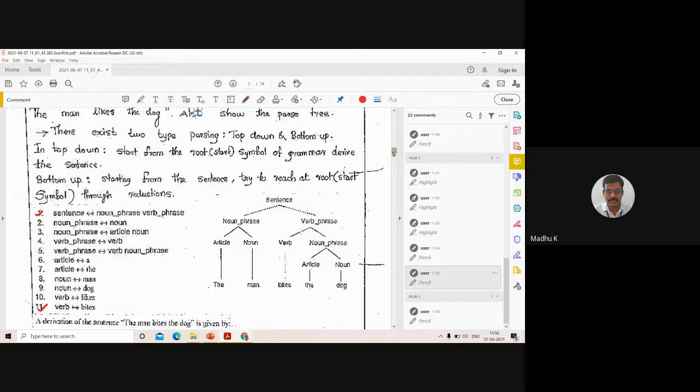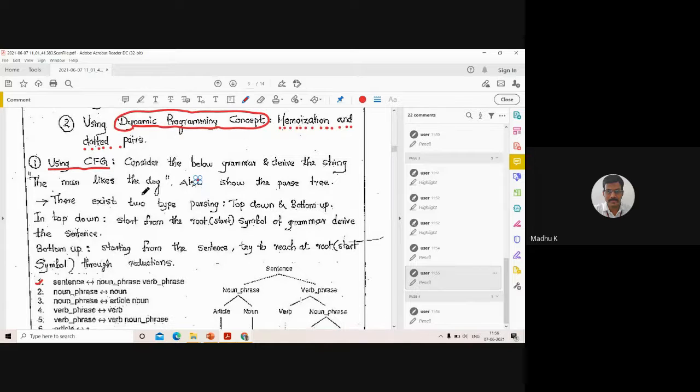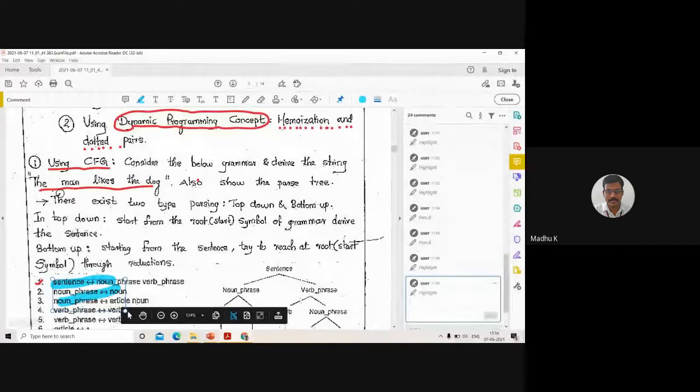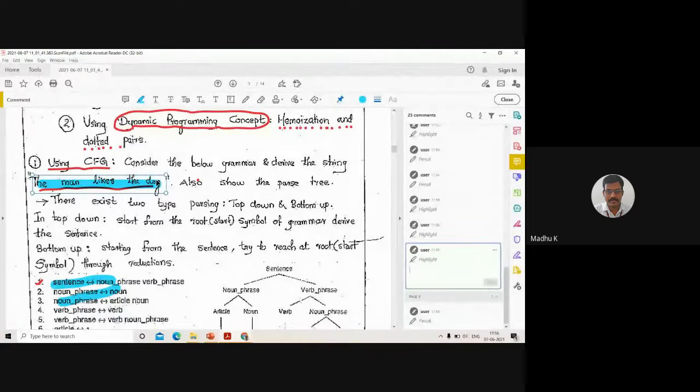From that, we want to derive the string: the man likes the dog. In exams, usually one type of question comes this way. They give many productions, then a string, for example, the man likes the dog, and you have to create and show the parse tree.